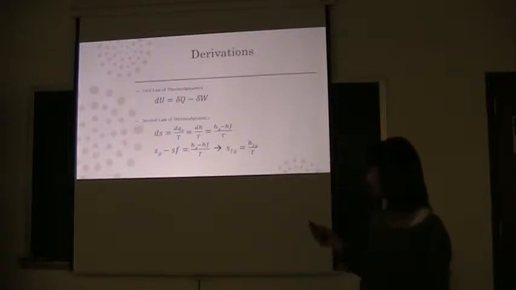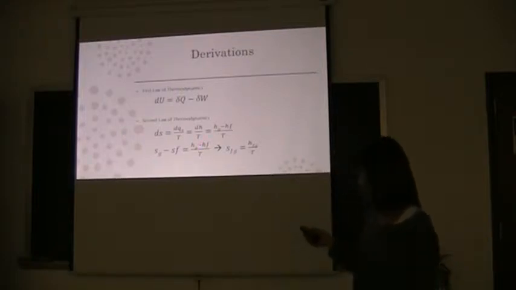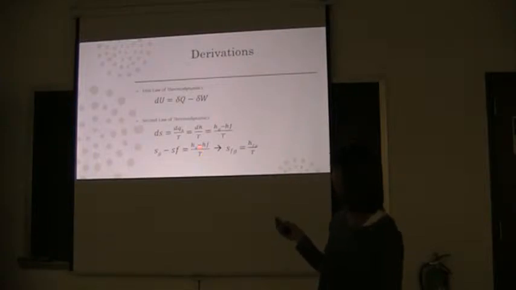First, if you look at the second line, you see the entropy at the saturated liquid line minus the entropy at the saturated vapor line, which equals the enthalpy at the saturated vapor line minus the enthalpy at the saturated liquid line, divided by the temperature.